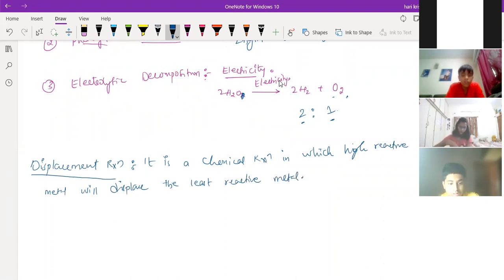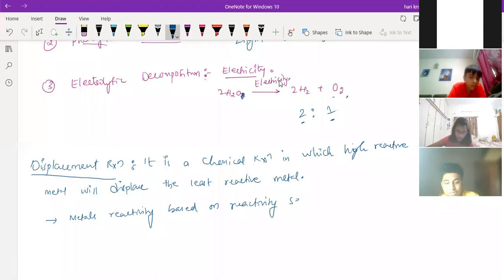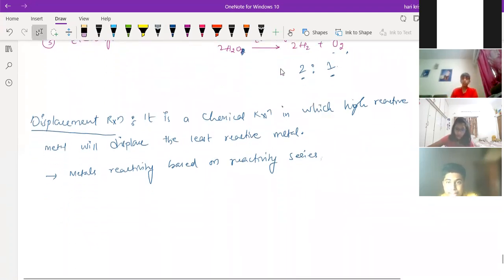So this reactivity is also based upon the reactivity series. So what is the metal reactivity series? First, what is the starting element?